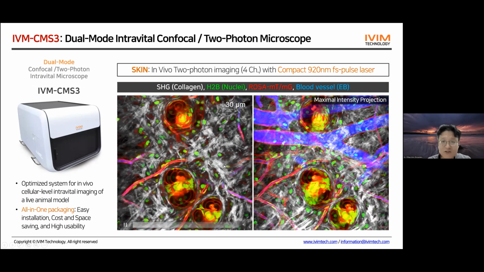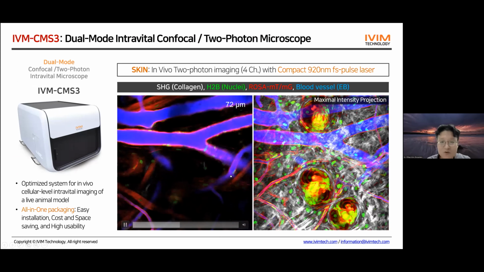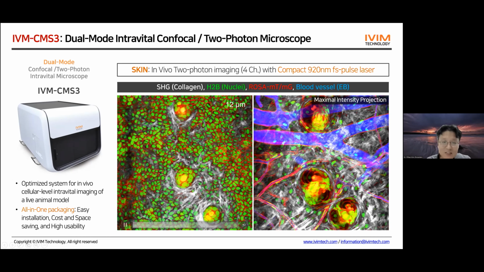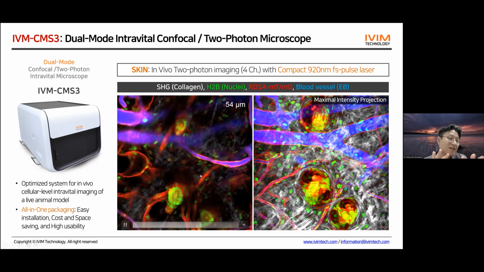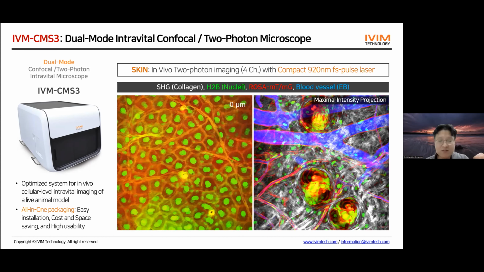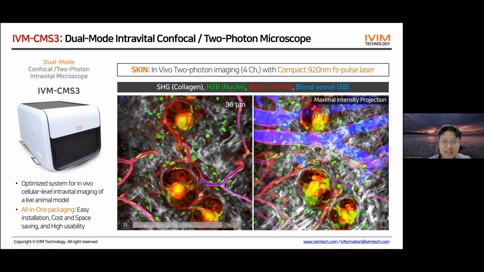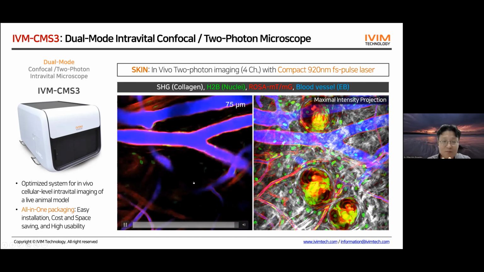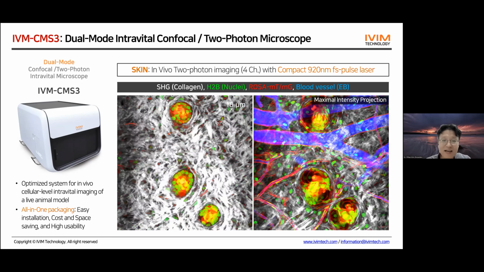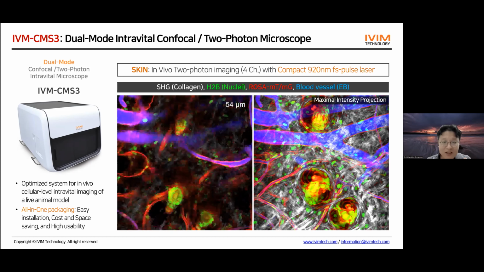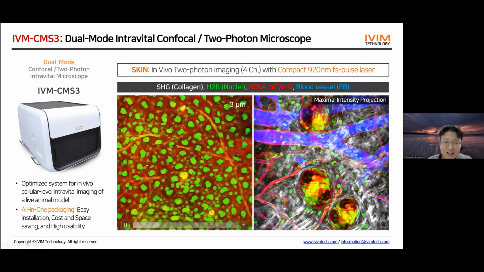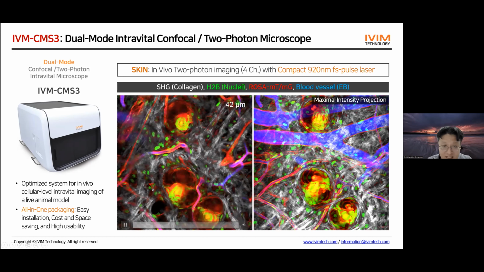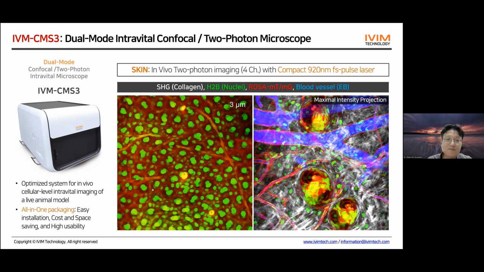Red color is the ROSA26 membrane tdTomato from all other cells. And this white color is the collagen, visualized by the second harmonic signal. As you can see, we can nicely see the fluorescence signal from the nuclei and the cell membrane, together with the collagen in the skin. Most of these are the dermal collagen in the skin.